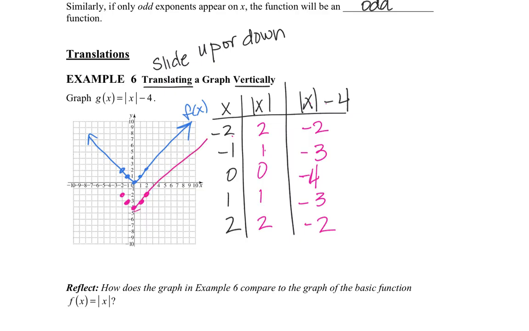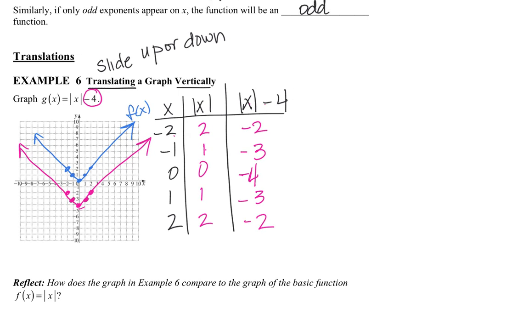So now we have this graph. So what we have is the exact same picture, we just shifted it down 4 because this number right here is telling you to shift it down 4. So this is a vertical shift down 4.